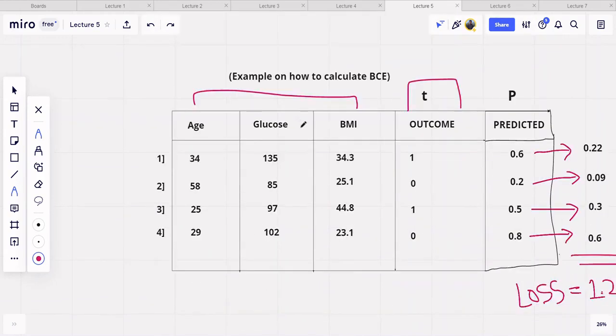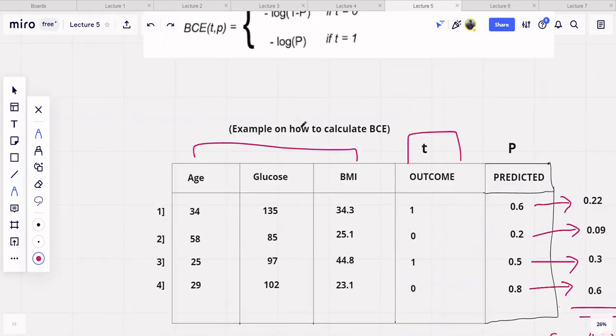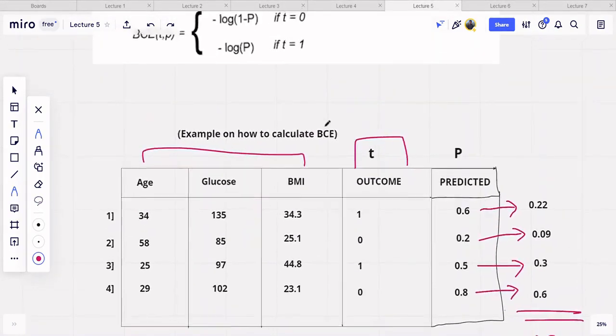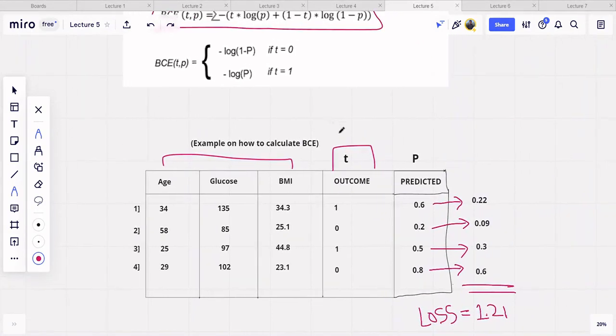Let me show you how we can actually compute the binary cross entropy. For the first sample, our true outcome is 1, and the predicted probability is 0.6.